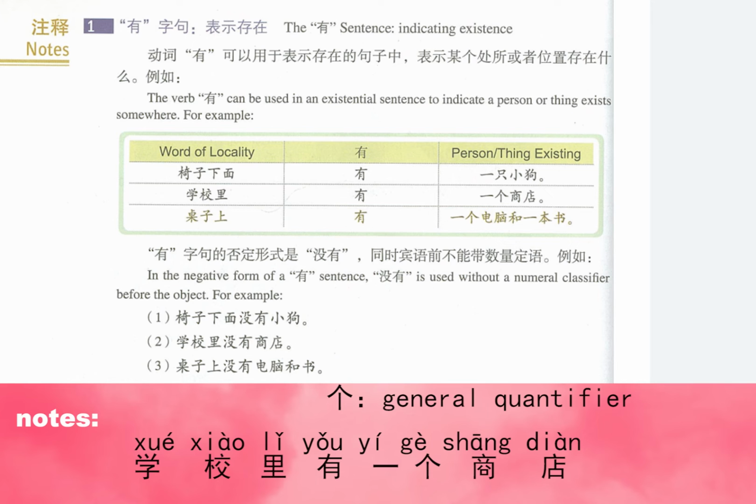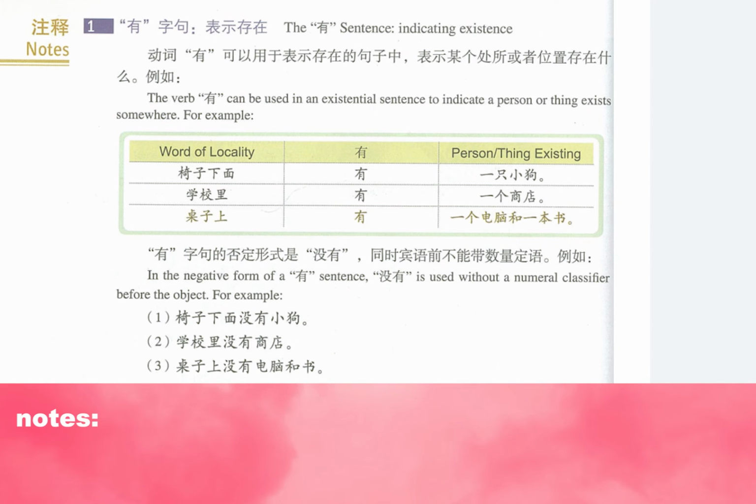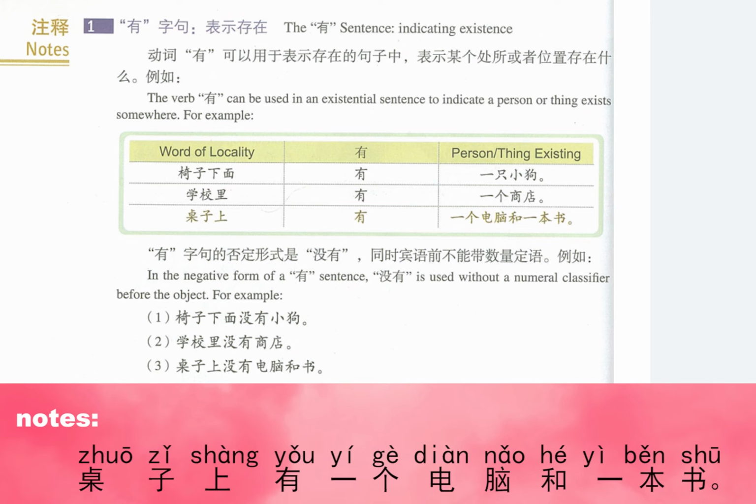学校里有一个商店。Sentence number 3. 桌子上有一个电脑和一本书。桌子上 means on the table. 上 means on somewhere, on a place.